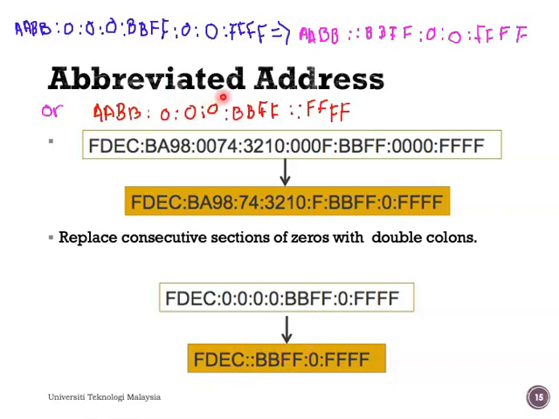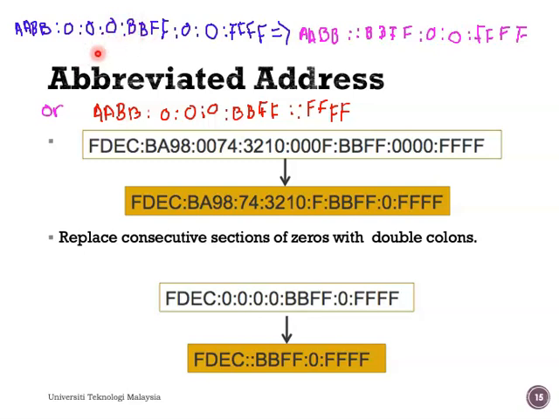Let us see another example of an IPv6 address. In this example, the address has several zeros. Sorry for the bad handwriting. We can abbreviate this address.